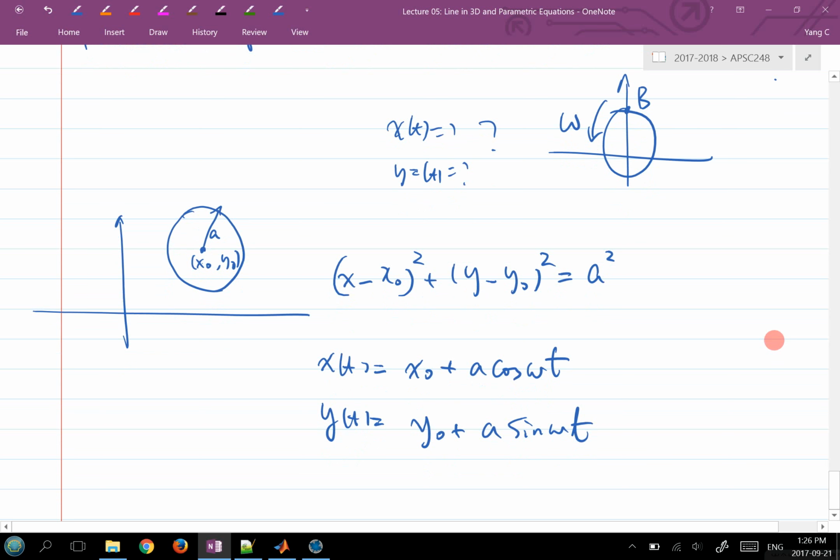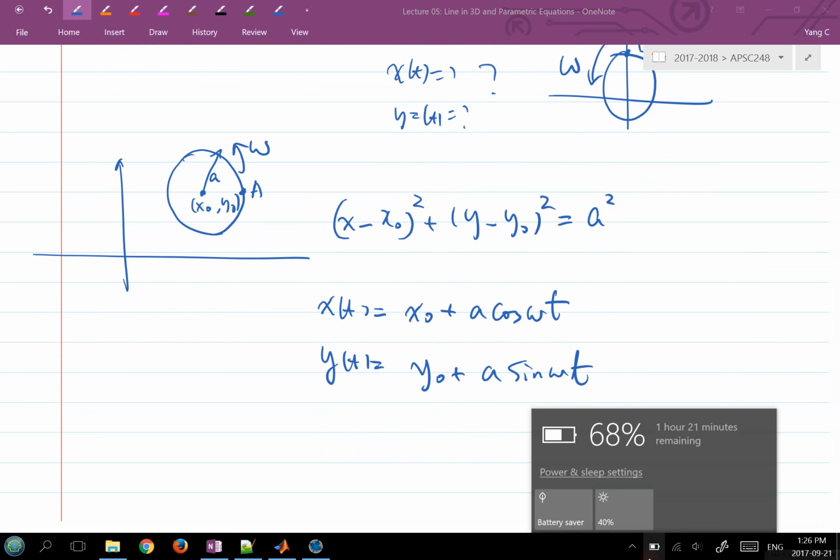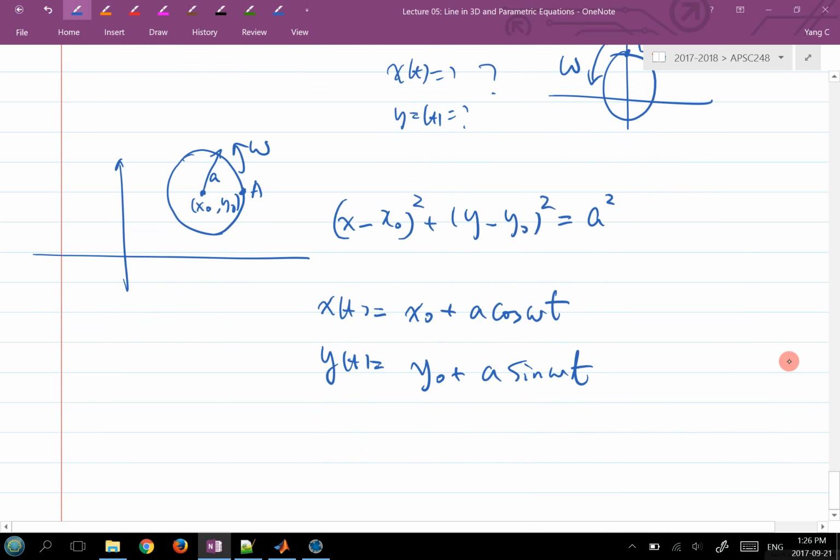So that's one possible parametric solution for this circle. Basically, it started at A, and then goes around the circle with angular speed omega. And you can always verify. How do you verify? It's the same thing. You substitute the x and y into this equation, and you get the same answer as the right side. So that's verified.